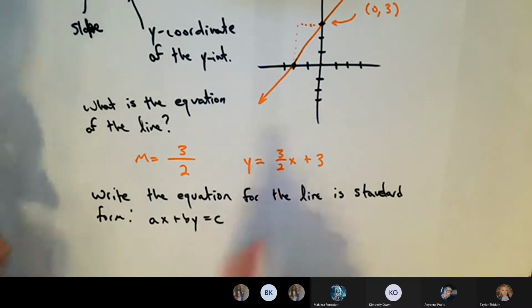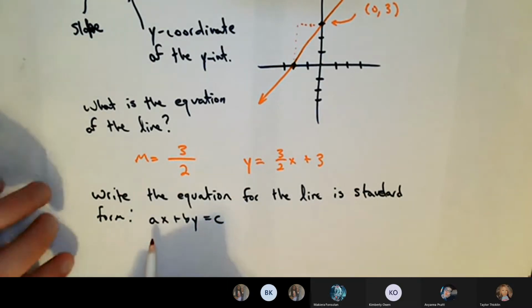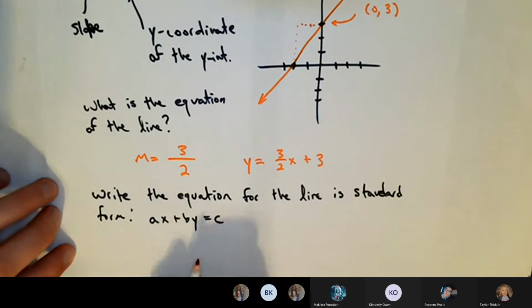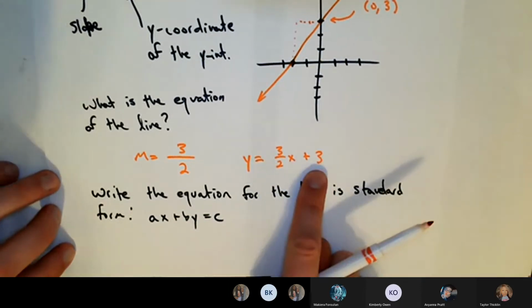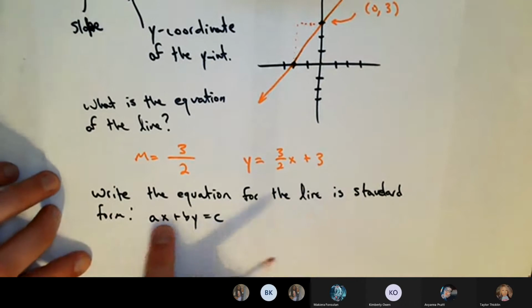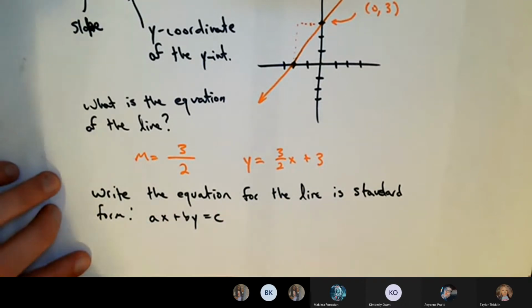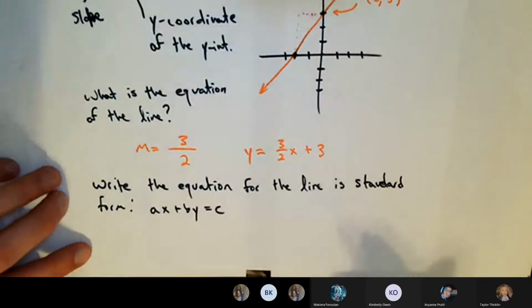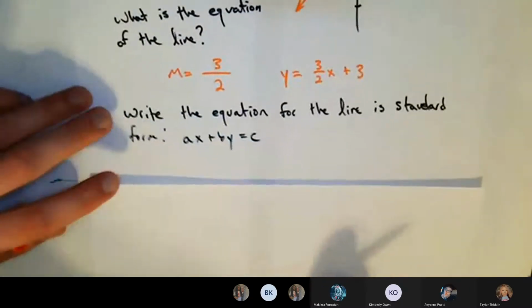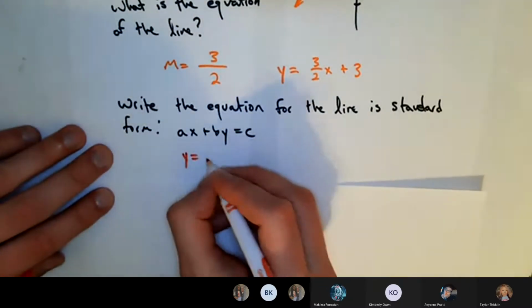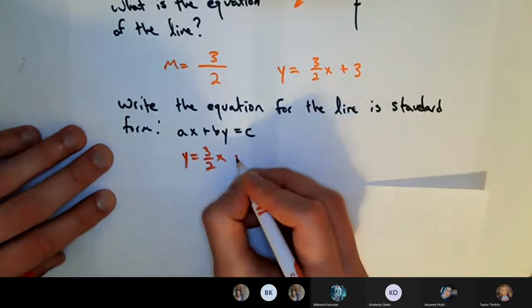If you have it in slope-intercept form and you want it in standard form, it's really just a matter of getting the constant term, the 3, by itself. We would start with y equals 3 halves x plus 3.